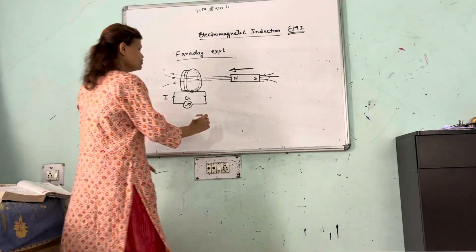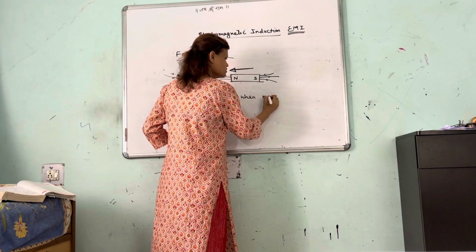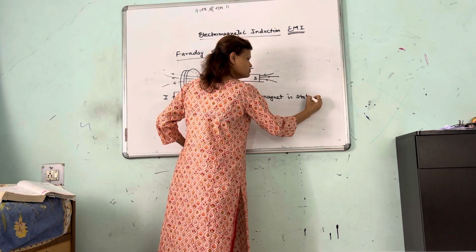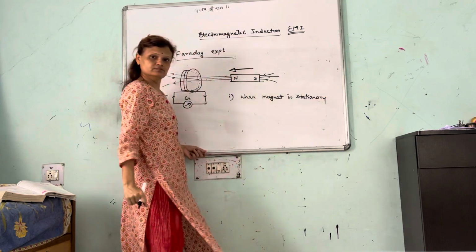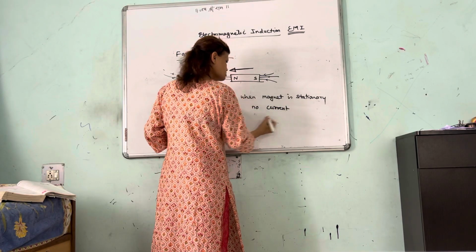So first you can just write down the first case: when the magnet is stationary, no current flows.